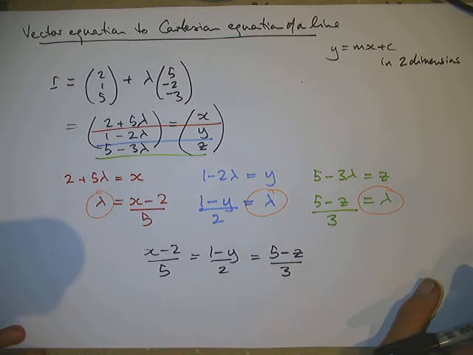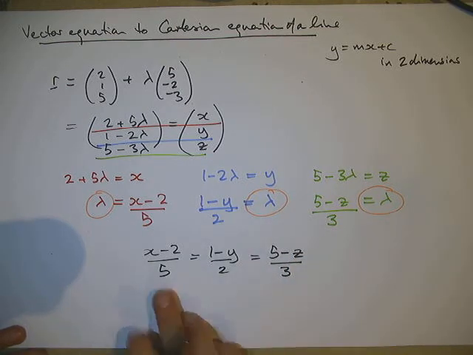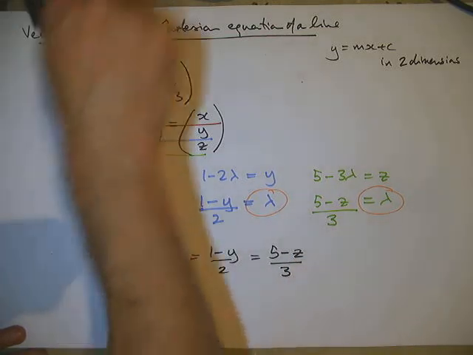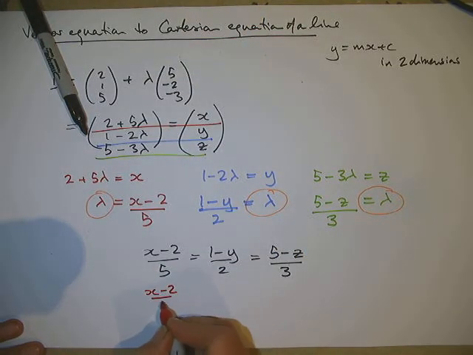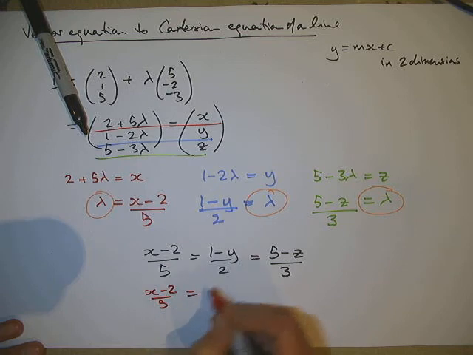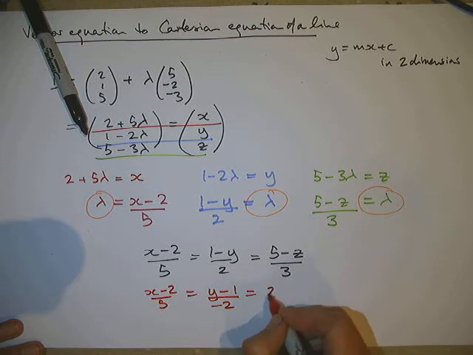Now there are some special cases, but before we do that, can I point out another way of writing exactly the same thing: I could write x take 2 over 5, y take 1 over minus 2, z take 5 over minus 3.